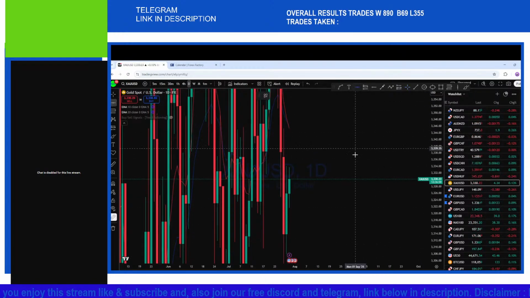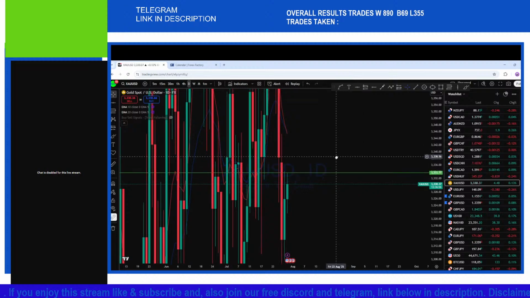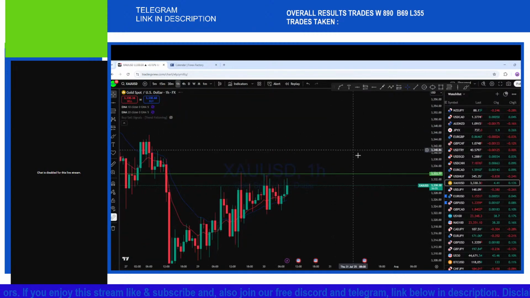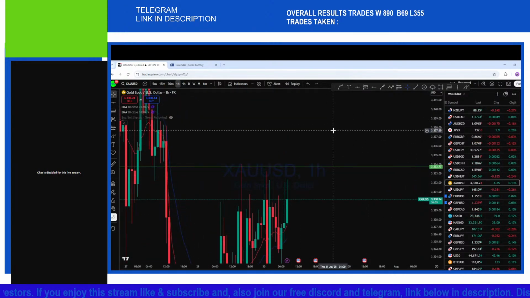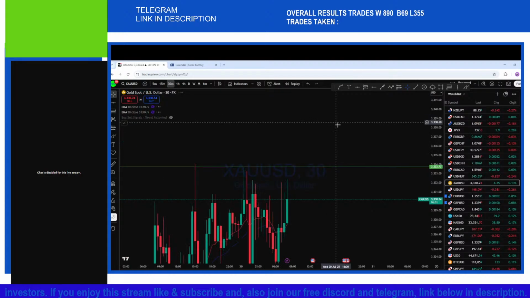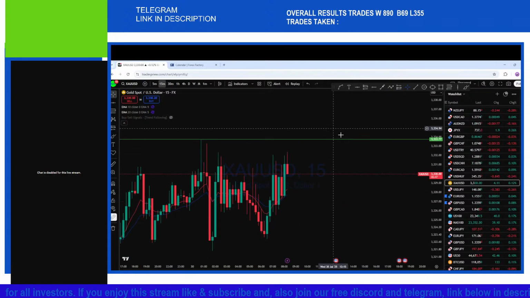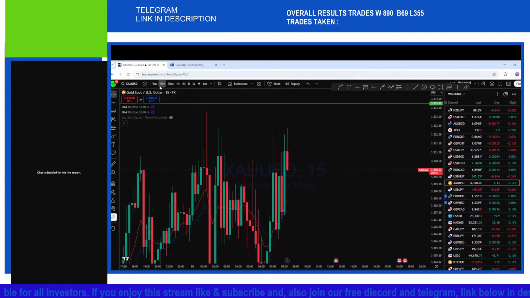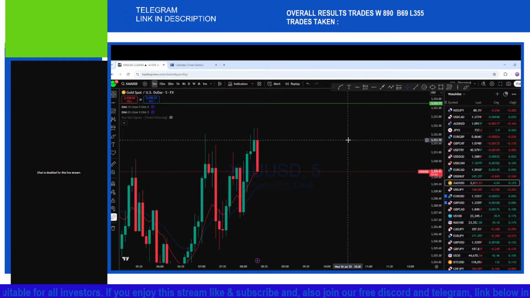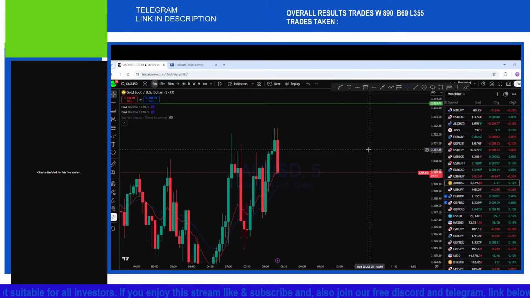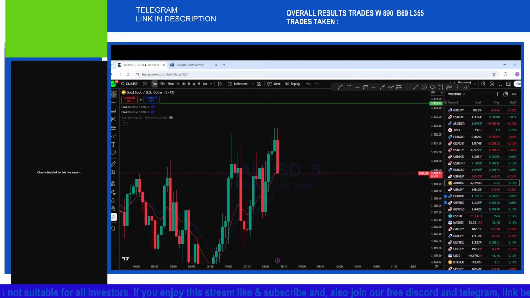So the price has reached that daily high again, and from the 30 minutes we can see a long wick rejection. 15 minutes also we can see that bearish move, and from the 5 minutes we can see that rejection back below in this area.